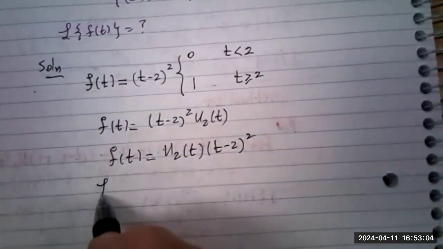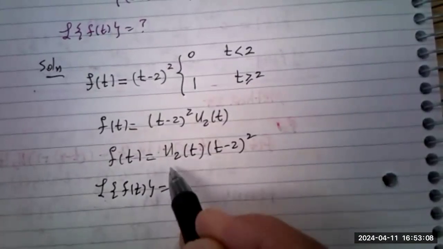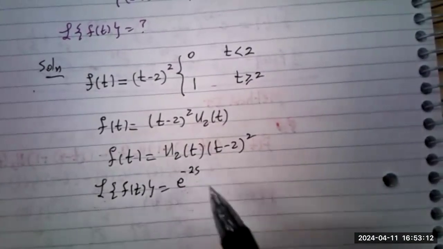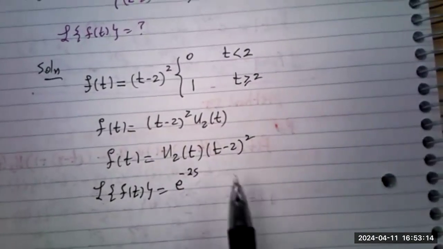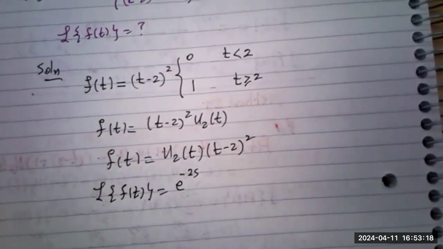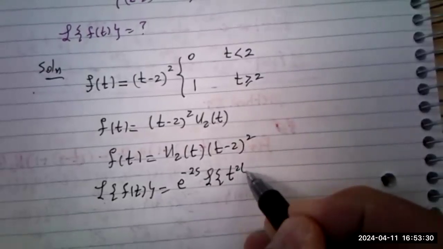So the Laplace of f of t would be, because of the u2, e to the negative 2s times the Laplace of the function. But remember, this is t minus 2. Drop the t minus 2, call it z. It's like z squared, so your function is t squared. So you have to find the Laplace of t squared.